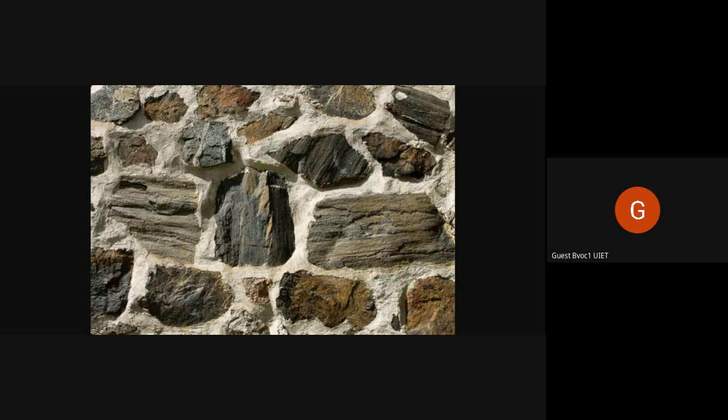So basically, the load of all the floors and the building is transferred to the slab, which then transfers it to the beam, and then it goes to the columns and to the foundation and so on. So when you're using stones to construct a building, you're basically making a load-bearing structure in which the walls that you make out of stones are going to take the weight of the structure.